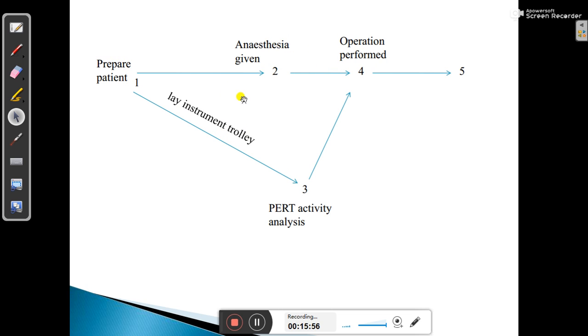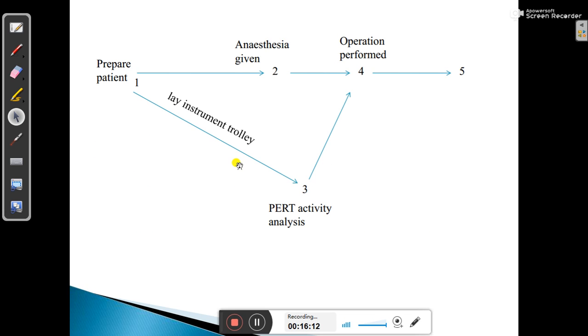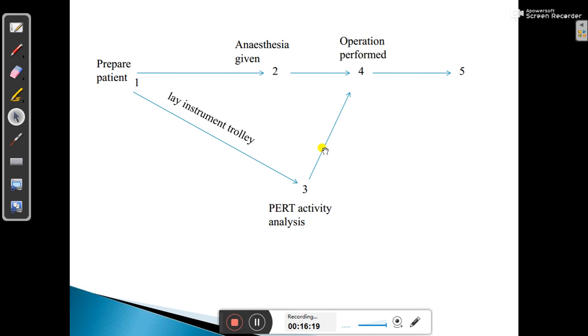So this is just a brief example of a network diagram for the analysis of the path, where the first activity is done first, then the second, the third goes in parallel from one as shown here, and the fourth is perform operation. So this is one example.